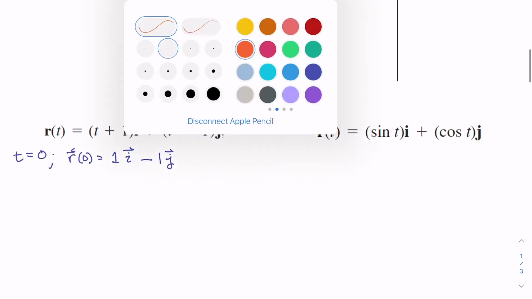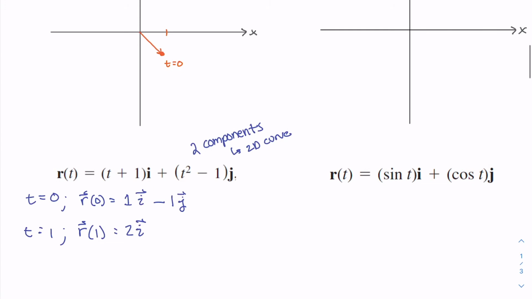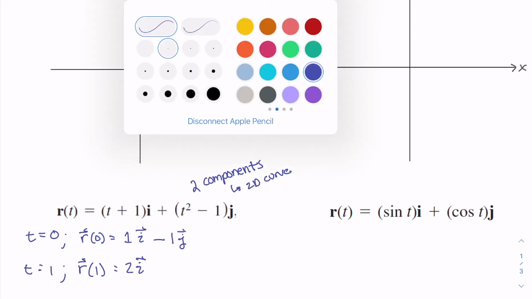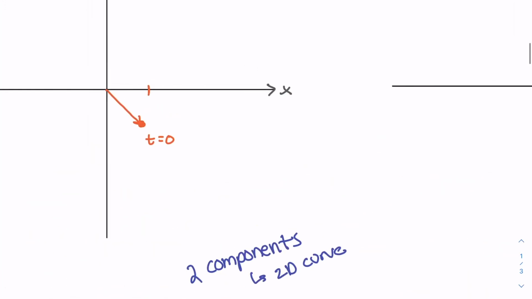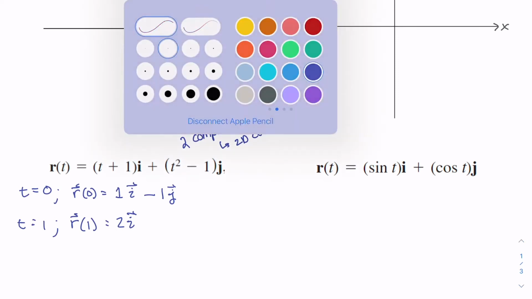Now let's try t equals 1. So we'll get r of 1 is going to be 2i plus 1 minus 1, so 0j, so we just get 2i. So 2i is going to look like 1, 2. So that's the output vector there. Let's try 2.